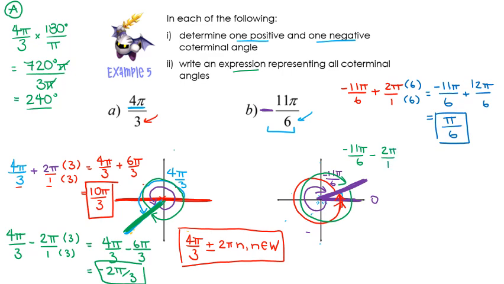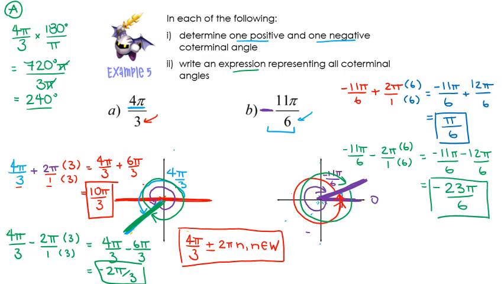If I want to subtract these two fractions, I need a common denominator. So again, I'm just going to multiply the top and the bottom of 2 pi over 1 by 6, which gives me negative 11 pi minus 12 pi, both of these over 6. And if I subtract these, I would end up getting negative 23 pi over 6. So that's going to be my negative coterminal angle.